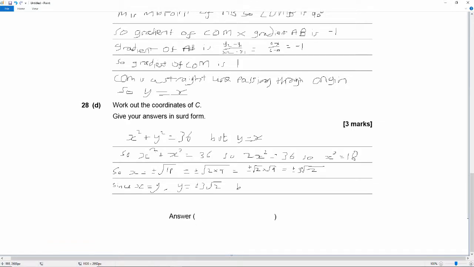But C is in the third quadrant. So our answer is -3 root 2, comma, -3 root 2.